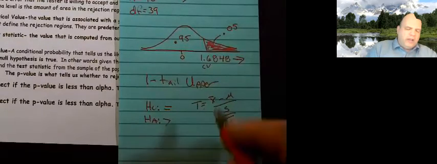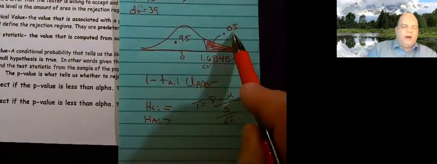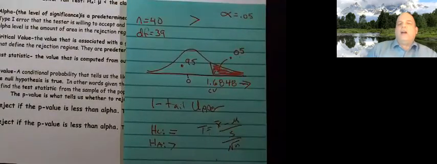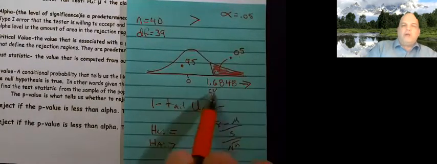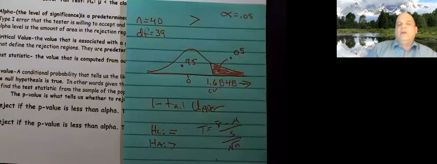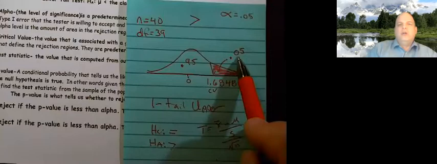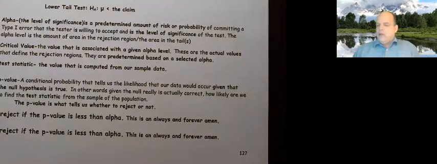The probability that's associated with it, if I get a probability that's smaller than 0.05, in other words, smaller than my alpha, if my p-value is smaller than alpha, I reject. Okay, once again, if I get any value greater than 1.6848, I'm rejecting, or a p-value less than 0.05. And once again, the calculator will put that information together for us.